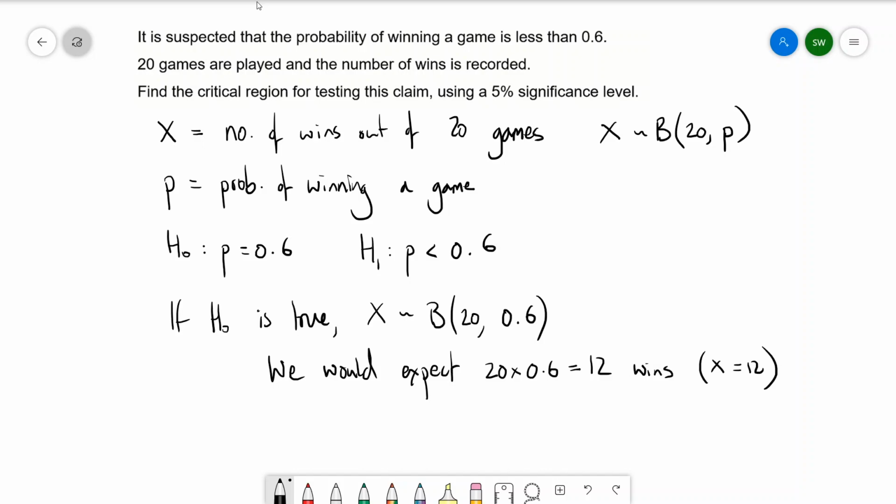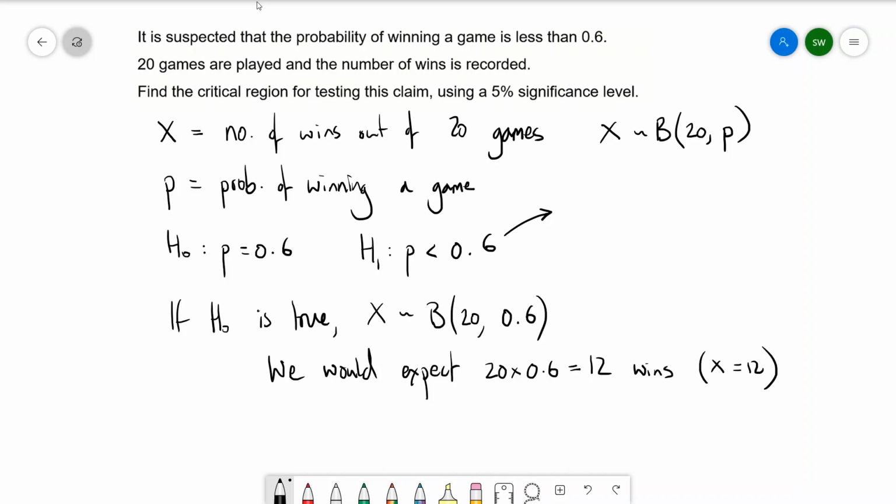So let's look at this alternative hypothesis and try and work out what values of X are going to support it. Well, if the probability of success is actually less than 0.6, then we would expect significantly less than 12 wins, because the probability of winning is less than 0.6.